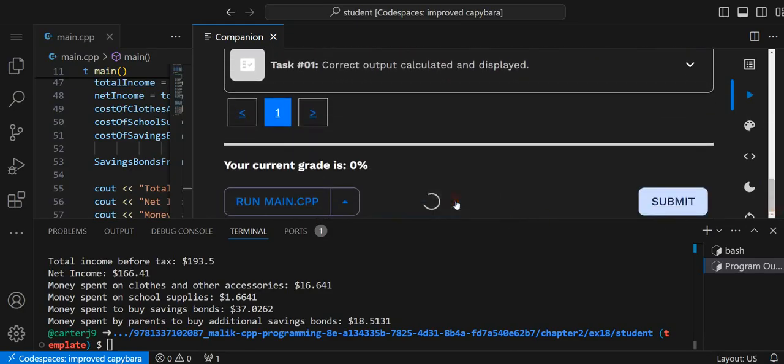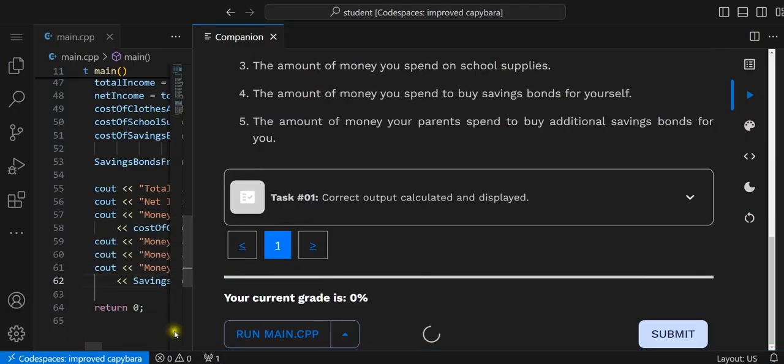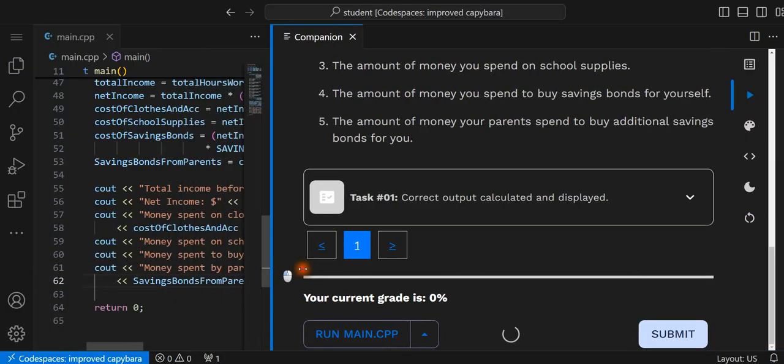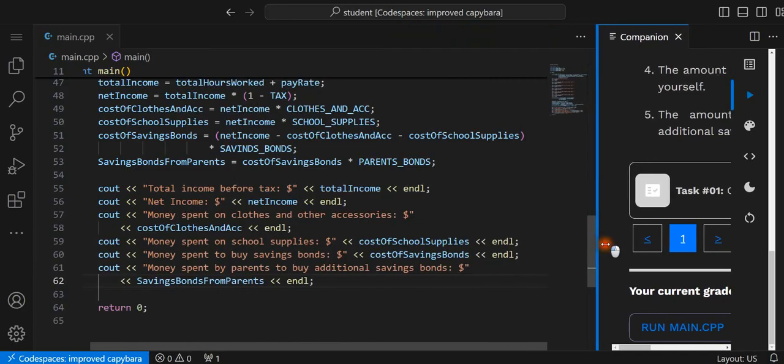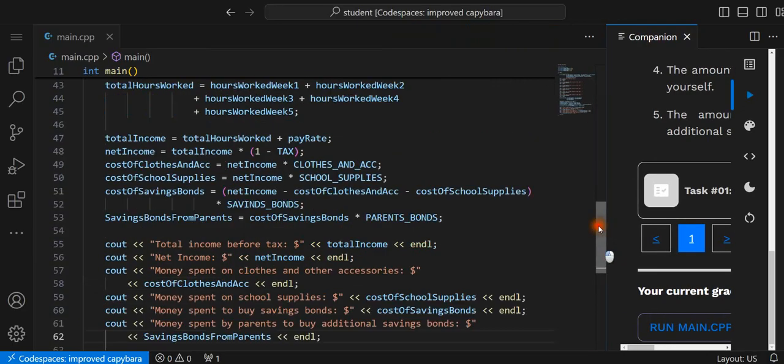For the grade. Let's go back to the code. If you didn't get it right, you have a chance to look at it again while it calculates. So let's do this again.